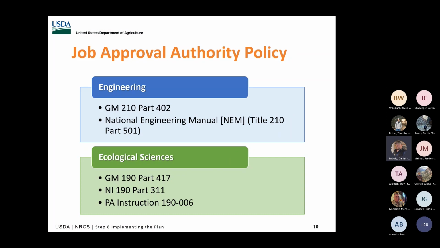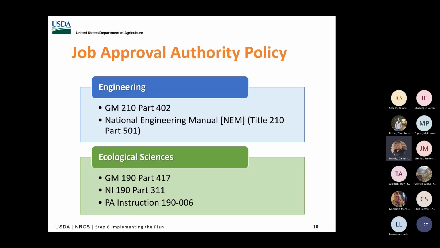Perfect. All right. So let's talk a little bit about job approval policy. As Tim had mentioned, it's broken up into two sides, just as we are here in NRCS. We have our engineering division, and we also have our ecological sciences division.